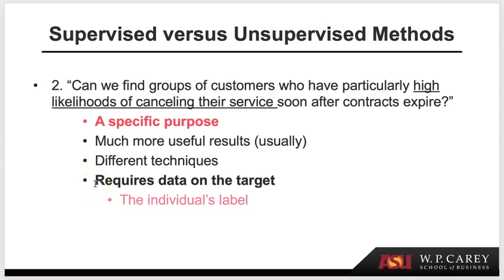And importantly, this type of problem requires data on the target. So not only is the target well defined, but also data on the target should be available. So we need individual level label information.